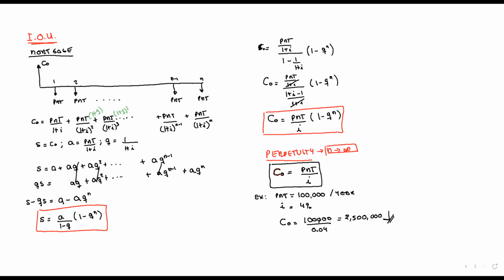If you do all the math, you arrive at a formula like this. If we consider inflation, which I call G, my formula is simply C0 equal to PMT over I minus G.